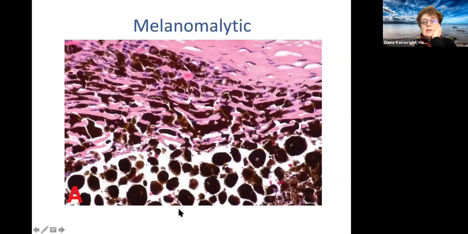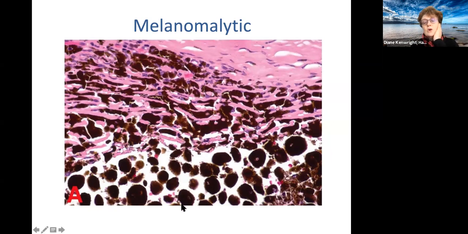Okay. Pigmentary glaucoma. Melanomalytic glaucoma can be so dramatic, just absolutely full of pigment, and these are macrophages with melanin in it. Of course, you can get direct invasion of melanoma into the trabecular meshwork as well.